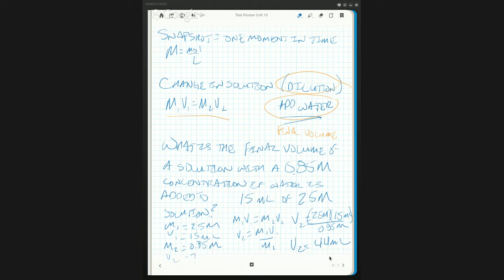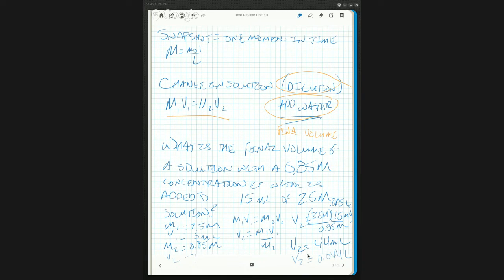So hopefully that's pretty straightforward on dilution. At this point, I'm sure some of you have questions like, why do we have milliliters? What if we put it in liters? Remember that I told you guys, if you understand when the milliliters will cancel out, then leave it in milliliters. If this is confusing at all, you should just convert it to liters and then not worry about it. In which case, this would be 0.015 liters, and your answer would have been 0.044 liters.